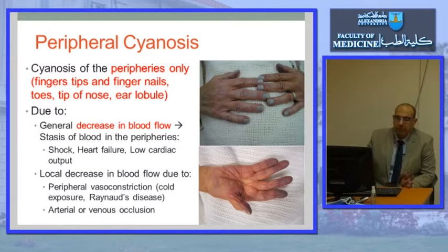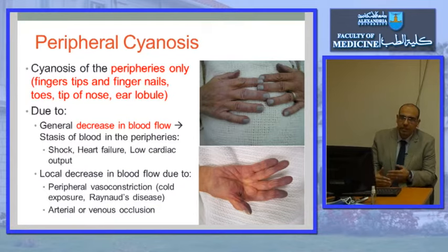As we know, physiologically, there is continuous circulation of blood. The oxygenated blood will go to the cells, and the cells will take oxygen to do aerobic glycolysis and do their work, and then the hemoglobin will become deoxygenated and come back through the venous blood supply to the heart, and then to the right side of the heart, then go to the lung, get oxygenated, and then go to the left side of the heart, through the aorta to the body again to give oxygen to tissues.